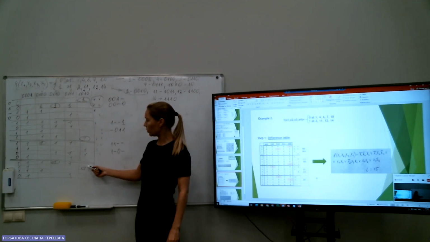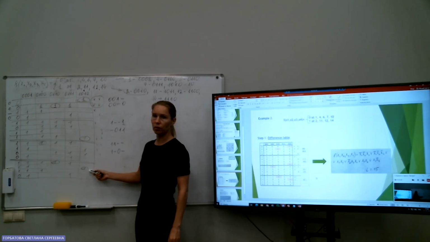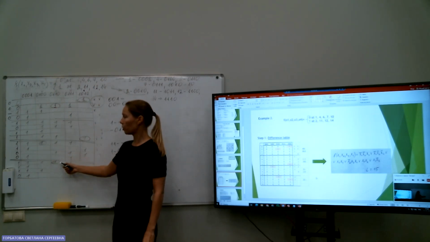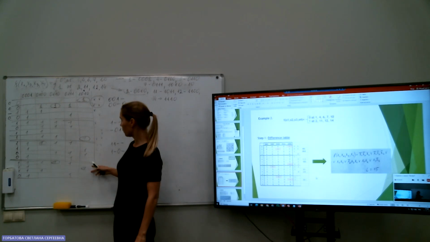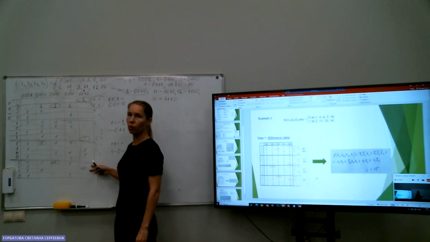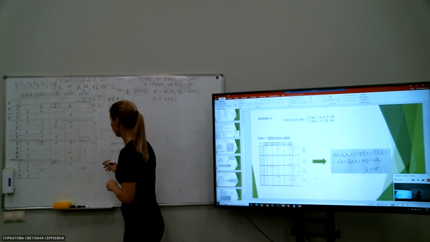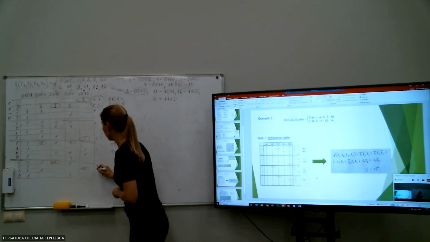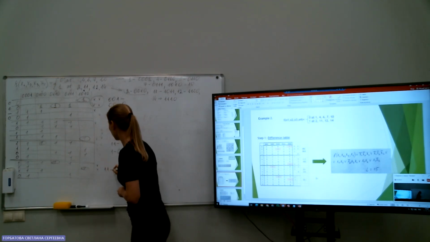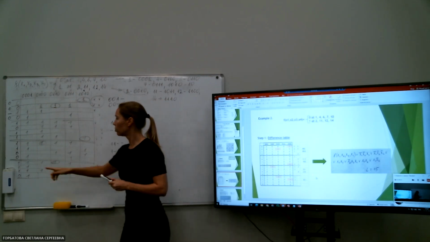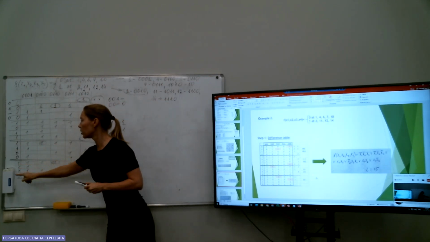For this column, it is necessary to use the second row. For this column, it is necessary to use the first row, and together they cover all of the columns. So no variants, just one variant. One dash dash.